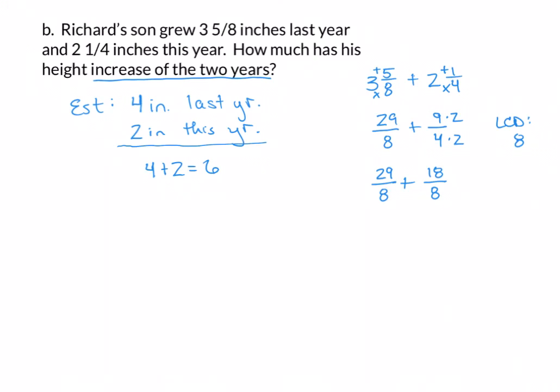And now if we add 29 plus 18, just to make sure I get it right, 8 plus 9 is 17. 1 plus 2 plus 1 is 4. So we get 47 over 8. If we convert back to a mixed number, 8 goes into 47 6 times.